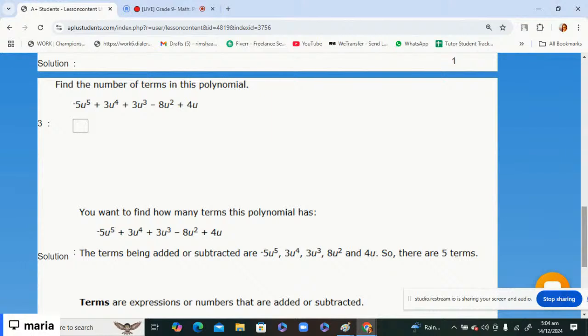So terms are expressions or numbers that are added or subtracted. If they ask how many terms are in it, that is what you count.